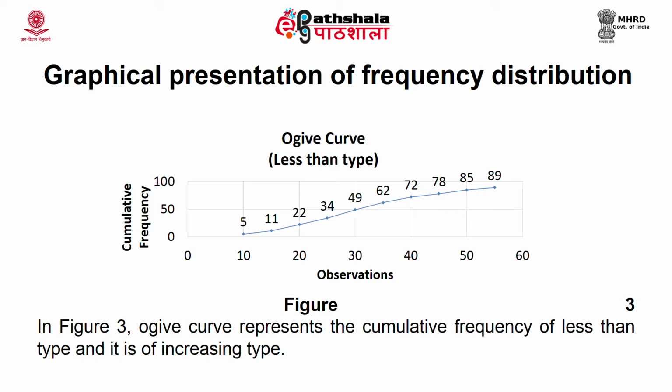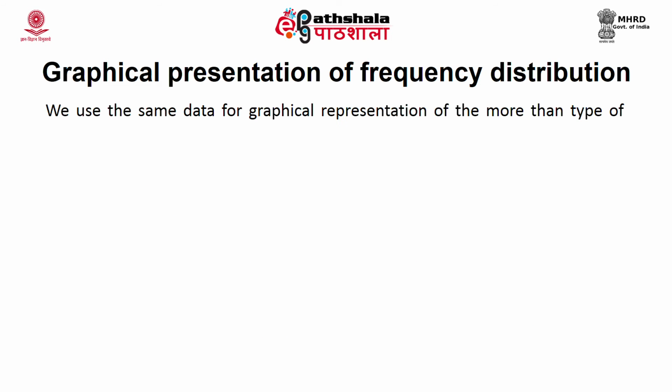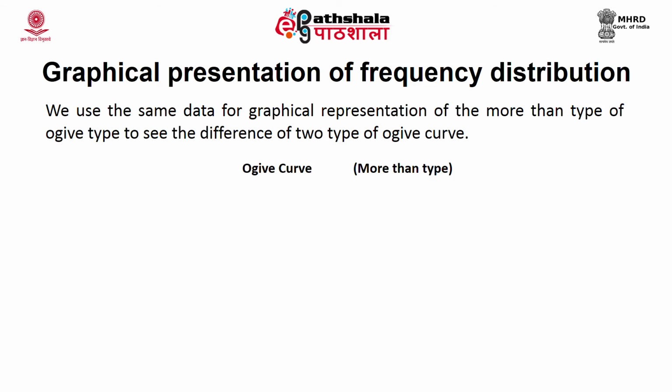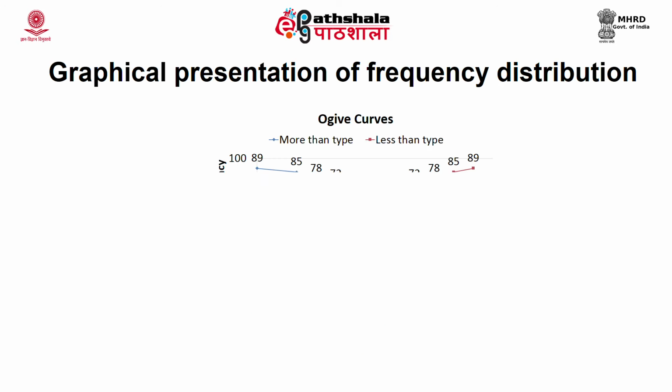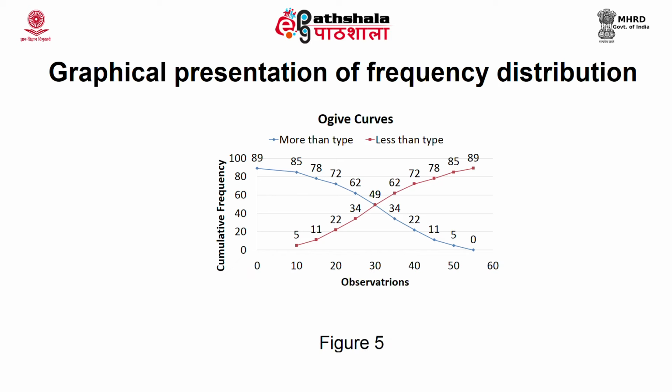In figure 3, the ogive curve represents the cumulative frequency of less than type and it is of increasing type. So we can see from table 2 that we have cumulative frequency value 5 in the first class interval. So on the ogive curve it is 5, and similarly we have 89 cumulative value in the 55th class interval, and correspondingly we have the value here. So it means that the less than ogive curve is always of increasing type.